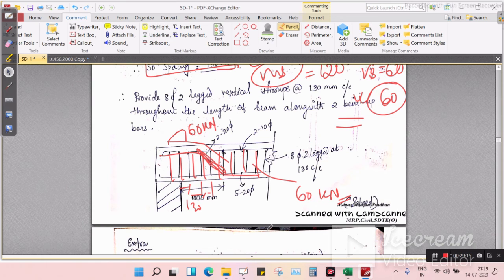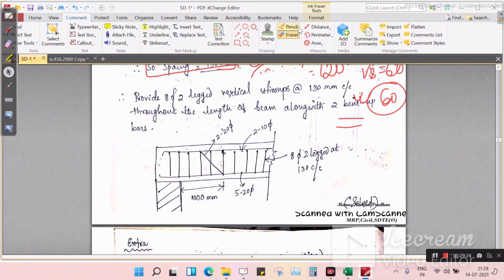So now the question arises, what is the position of our bent up bar? So that is at a distance of L by 4 to L by 6.